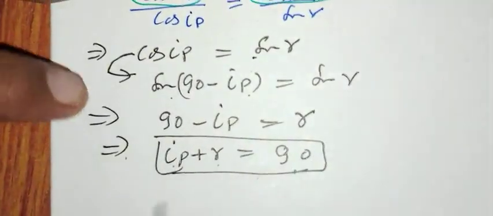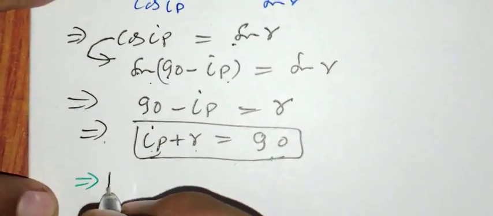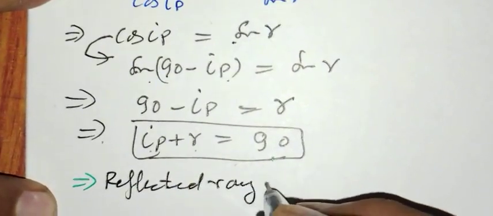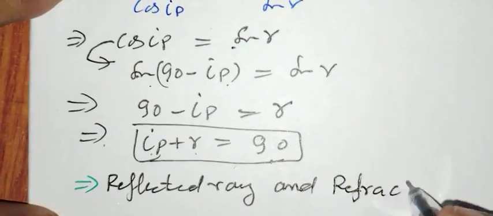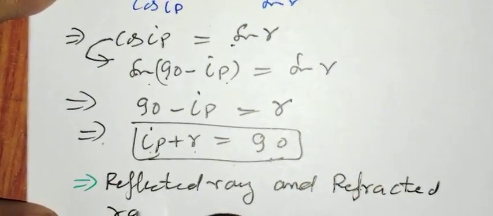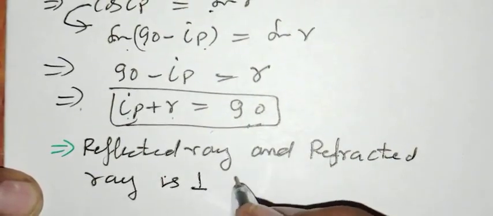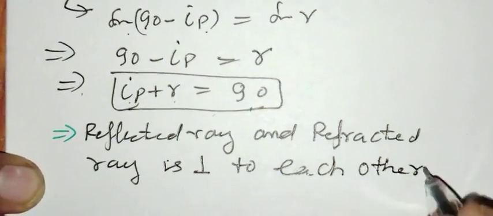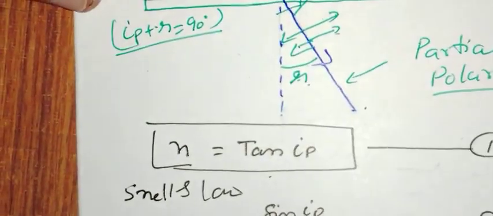So the reflected ray and refracted ray are perpendicular to each other.